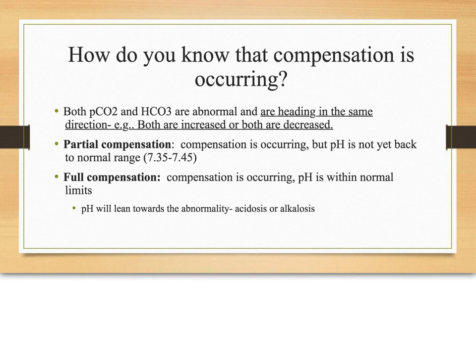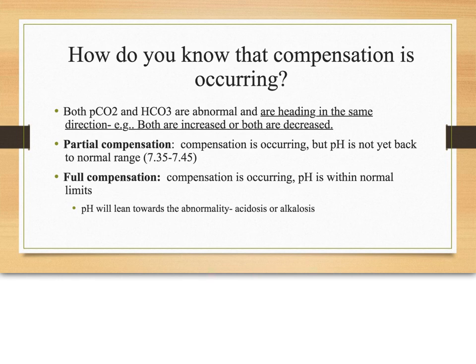One thing about fully compensated: if you have determined that the compensation is occurring and the pH is normal, the pH will never go to the exact middle, which would be 7.40. The pH will always lean towards the side of the abnormality.